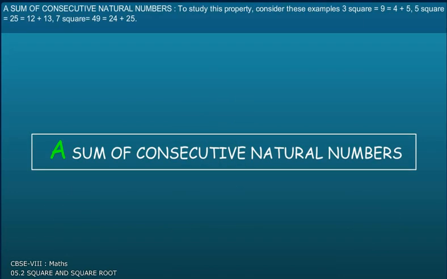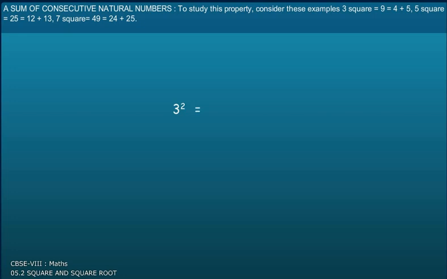A sum of consecutive natural numbers. To study this property, consider these examples. 3 square is equal to 9, 4 plus 5. 5 square is equal to 25, 12 plus 13. 7 square is equal to 49, 24 plus 25.